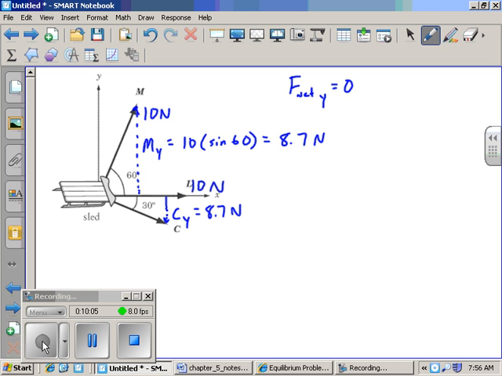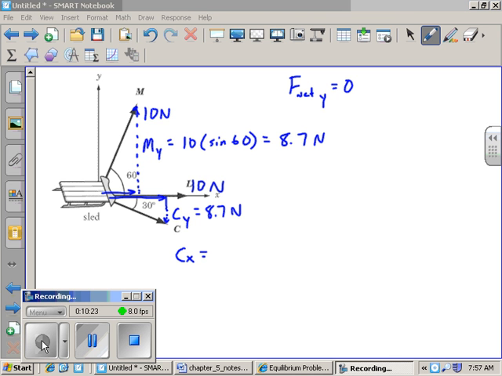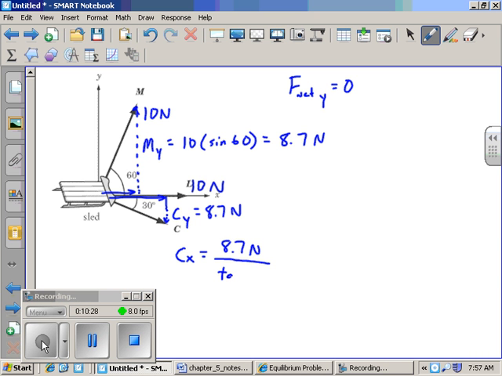Well, from that then, we can calculate the x components, both of M and of C. Cx would have to be equal to the 8.7 newtons divided by the tangent of 30. Remember that tangent of 30 is equal to opposite, 8.7, over adjacent, Cx, and these two can switch places.